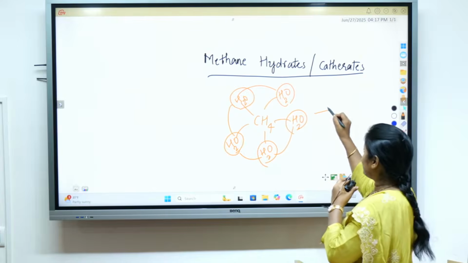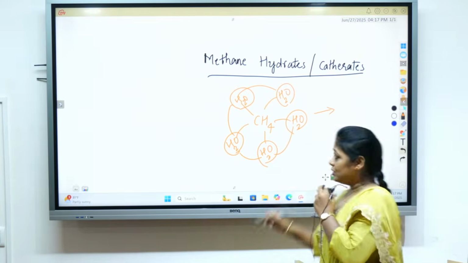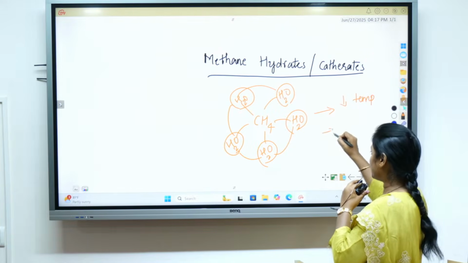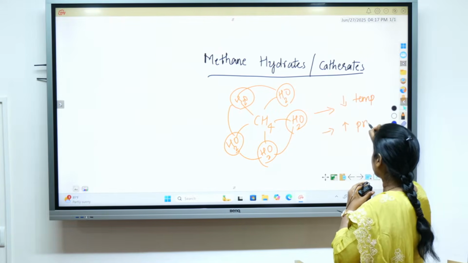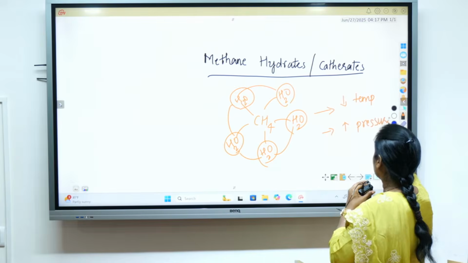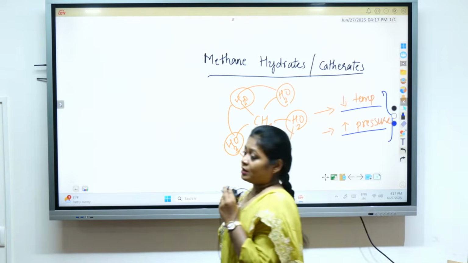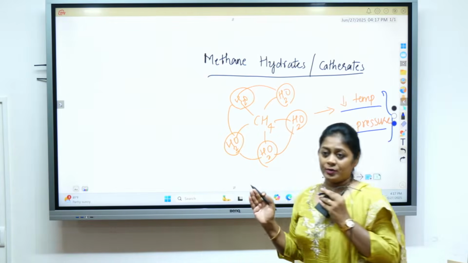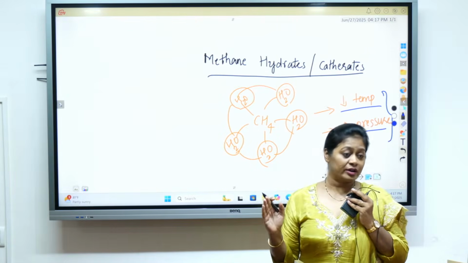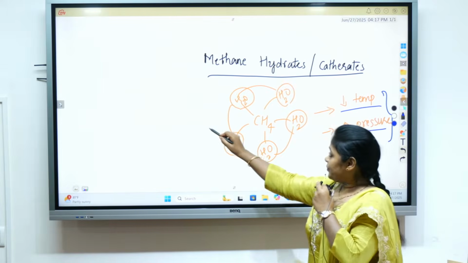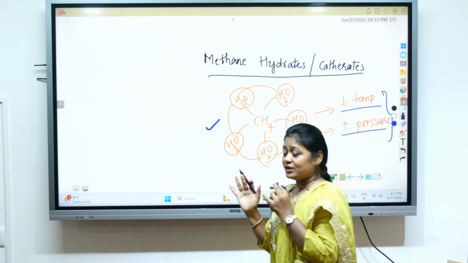So what is the feasible condition for it to form? Low temperature and high pressure. These two conditions are required for the formation of methane hydrates or clathrates. So methane gets trapped in this form.